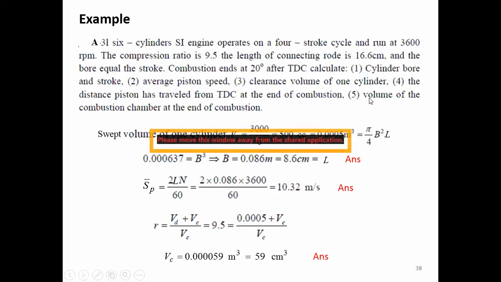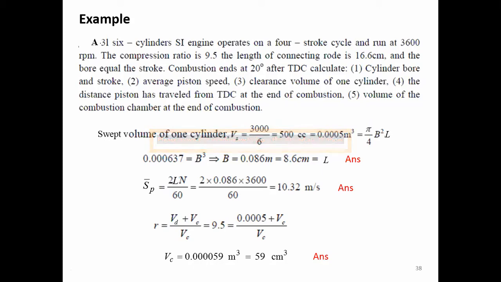The last one is the volume of the combustion chamber at the end of combustion. If you know the distance that the piston travels from the top dead center until combustion finishes, you can determine the combustion chamber volume at the end of combustion.